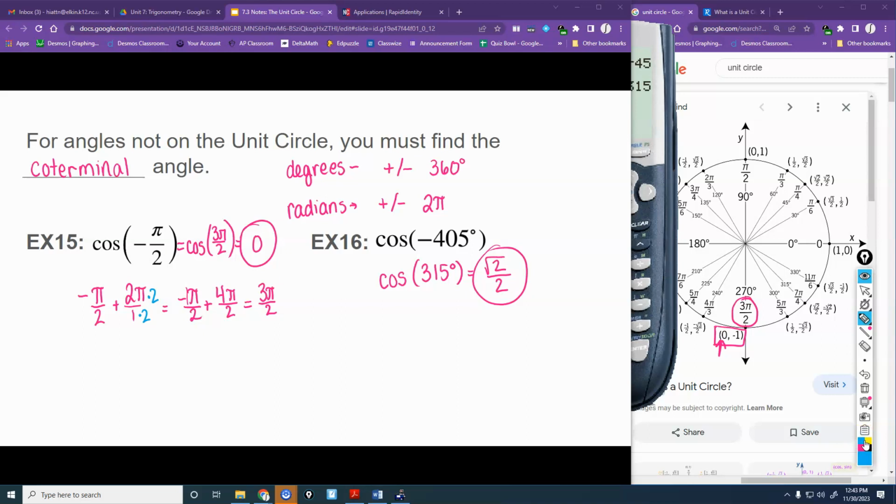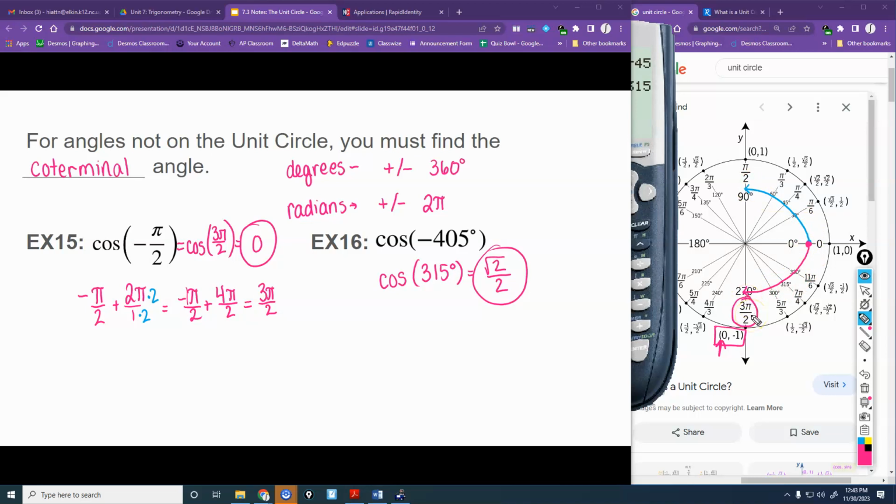If it doesn't, just do what I did over here first, right? So pi over 2 is that far in the positive direction, so negative pi over 2 is going to be that same distance, but in the negative direction. So rather than actually adding and subtracting 2 pi, I just look at it. I say to myself, pi over 2 is this far in this direction, so negative pi over 2 is this far. So that's the same as 3 pi over 2, and 0 is my answer.